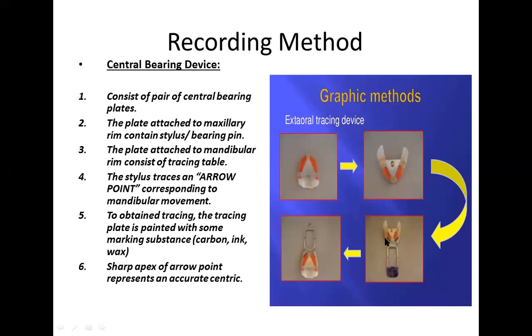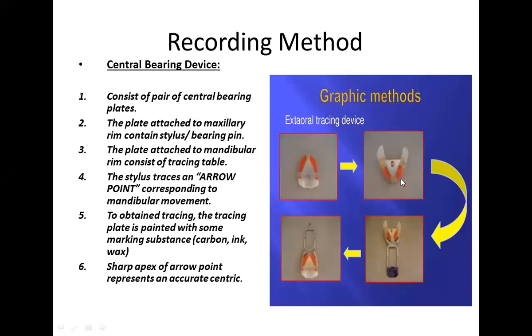So what we used to do, we attach one plate to the maxillary rim and the other plate to your mandibular rim. The same plates would have an extraoral extension like this. It is attached to the mandibular rim, but this extension is there for both your mandible and your maxilla. One extension used to have the stylus and the other extension used to have this table.